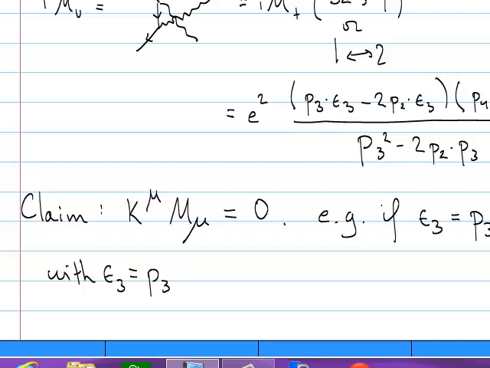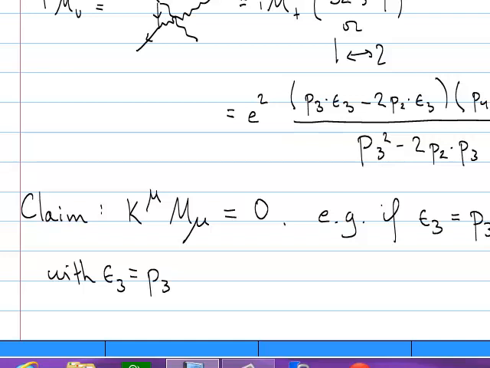So if you formally think of epsilon being proportional to P3, that diagram should be 0. There's going to be some non-zero part if epsilon is physical and has epsilon squared equal to 1. But if you add something that squares to 0 and is proportional to P3, you should get 0. So to check the Ward identity, I just set epsilon 3 equal to P3 and see if what I get is 0.